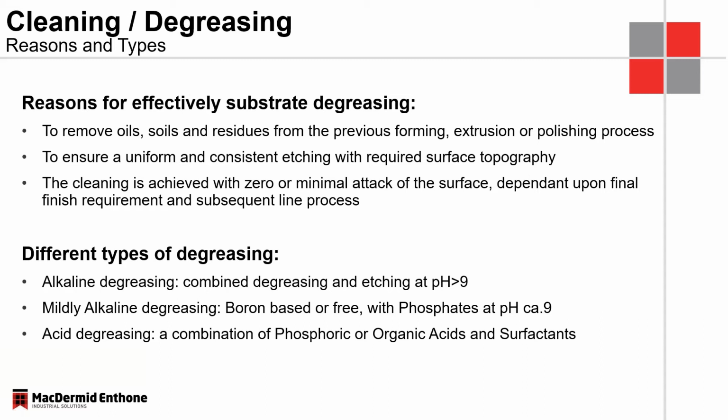Some of the degreasers are alkaline degreasers with a high alkalinity, with a pH above 9. These actually will have a certain attack on the surface. It will dull off the aluminum. They are effective cleaners, but as I mentioned, they will dull off the components.